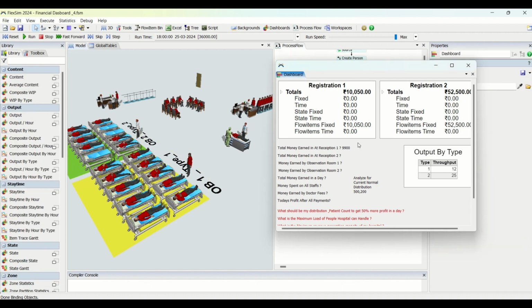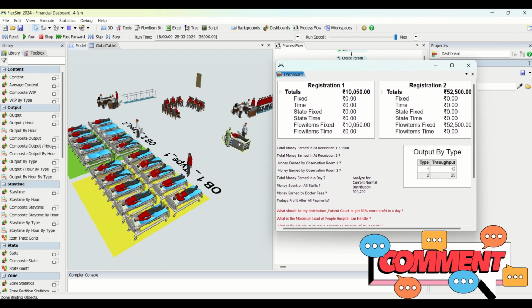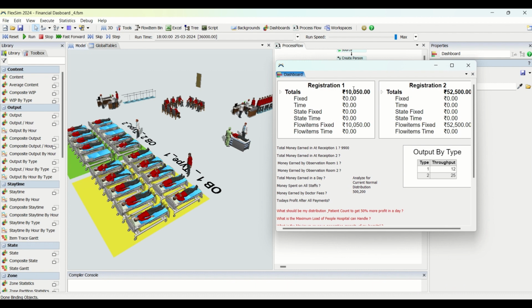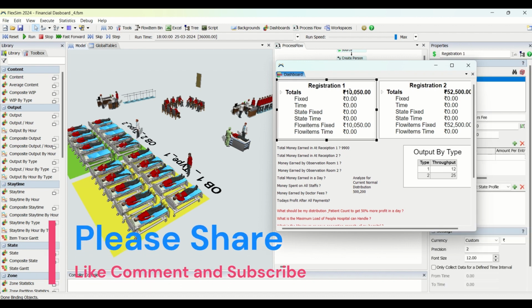Now let us look at the revenue generated by my hospital system. Just look at this. My registration 1 has created almost 10,050 rupees in 10 hours, and this is only the doctor's fee.